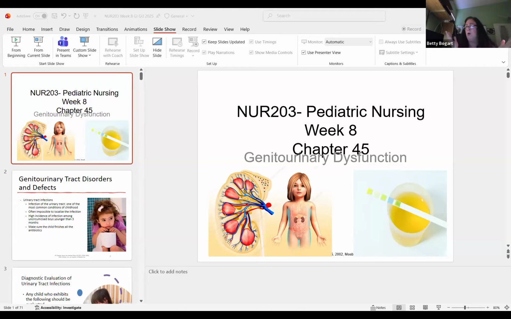Another condition. These poor males are going through a lot of stuff, aren't they? We have hypospadias and we have epispadias. Now, hypospadias is on the underneath, or ventral, portion of the penis. The urethra doesn't come out the tip. It comes out somewhere underneath. It's really crazy, okay? So when they urinate, it goes this way.